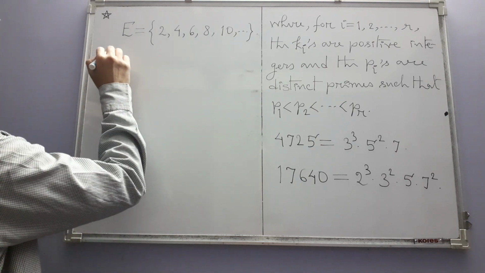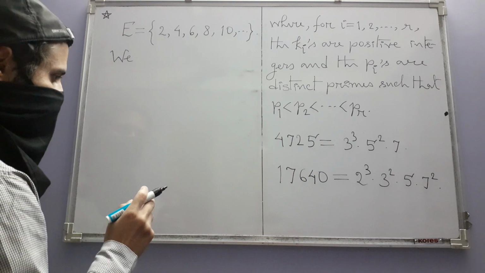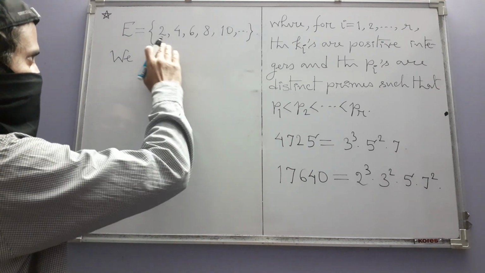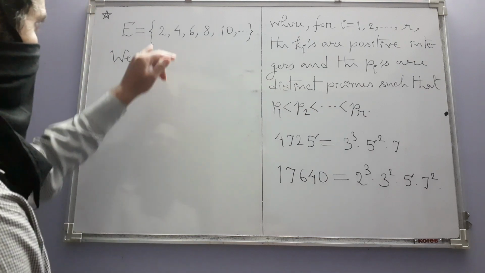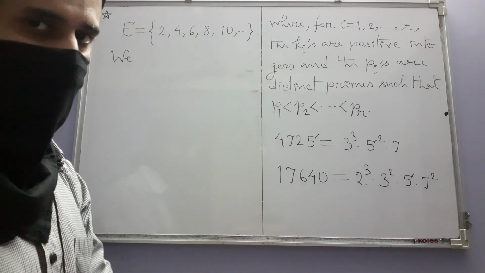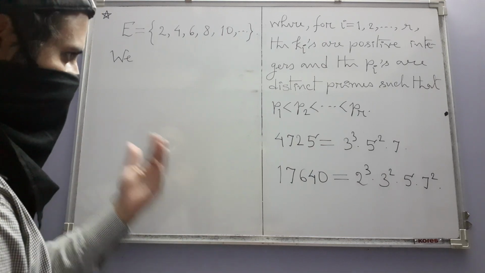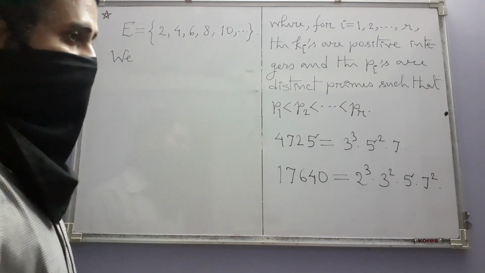Now we can define a kind of primality for elements in E. Well, you would say that the only prime in E is 2. Yes, that is true, but we are going to define a new kind of primality for the set E only.